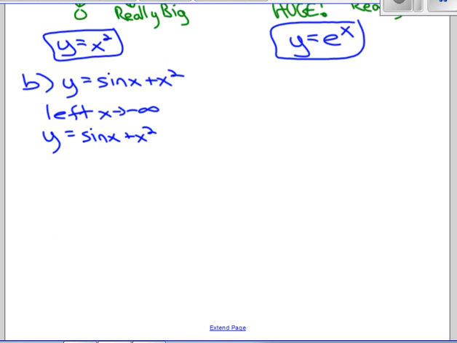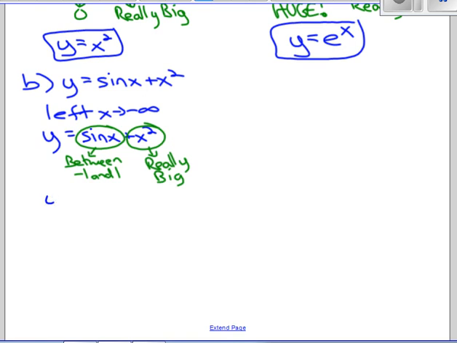Sine x does not converge on anything, but it's oscillating between -1 and 1. X squared becomes really big. So we don't exactly know what sine x is doing, but in comparison, the x squared is way more important. And it turns out this one is basically going to look like kind of a jiggly parabola.